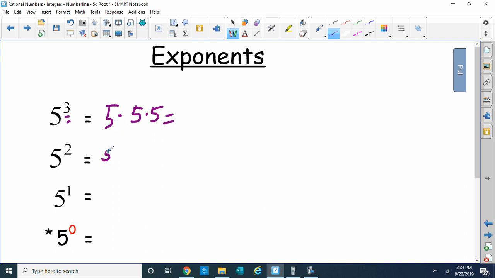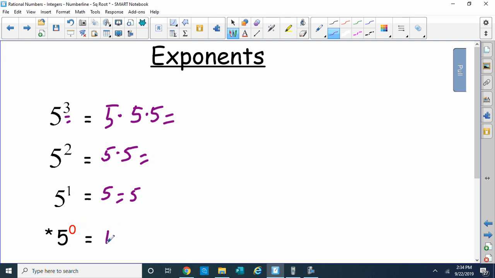Here I'm going to write it out 2 times. That's 5 to the second power, or 5 squared, with a multiplication decimal there. And I'm going to only write it 1 time because the exponent is 1, and that's just going to be equal to 5. But here I'm not going to write the 5 no times, so I have to have a placeholder for the value.